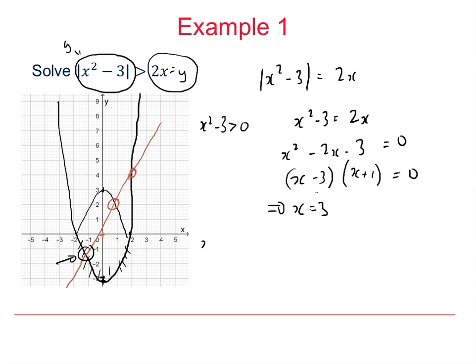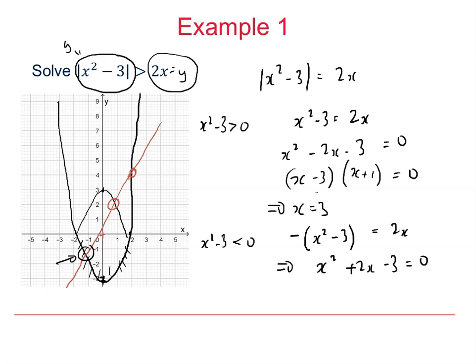And then when we've got x squared minus 3 less than 0, we have to take the negative of that. So negative of x squared minus 3 is equal to 2x. And therefore, if we rearrange that, we get x squared plus 2x minus 3 is equal to 0.